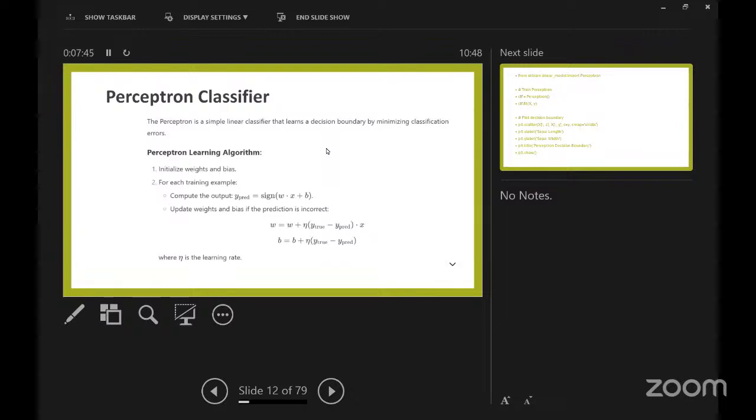This is also linear, same as linear discriminant analysis, but the perceptron classifier minimizes the classification errors. Do we get the classification error in linear discriminant analysis?